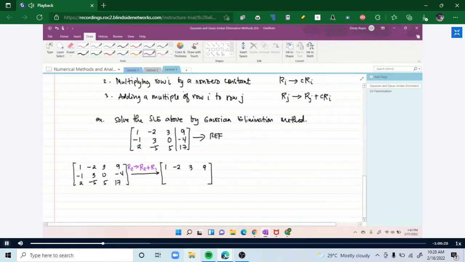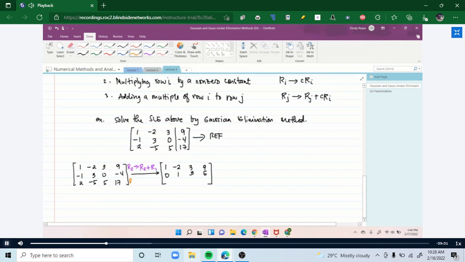Okay? We are actually using this elementary row operation, the third one, adding a multiple of row i to row j. But then c here, which is the constant, is just positive 1. Okay. So adding the 2, you'll have 0 here. 3 plus negative 2 is 1. 0 plus 3 is 3. Negative 4 plus 9 is 5.